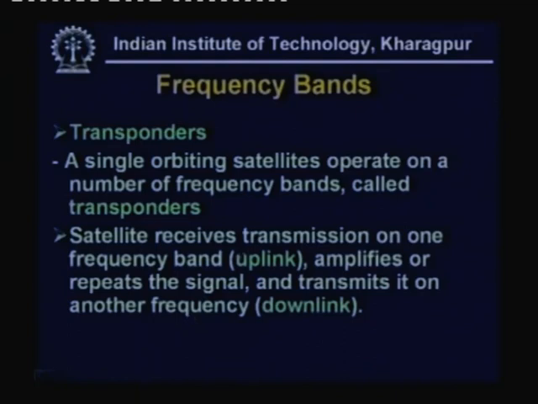Moreover, the satellite receives transmission on one frequency band, amplifies and repeats the signal, and transmits it on another frequency band. So you have got 2 frequencies. One is known as uplink frequency, another is downlink frequency. So here is your ground station, here is your satellite, and here is your other ground station. These 2 can communicate with the help of 2 frequencies, the uplink frequency and the downlink frequency. You have to use 2 separate frequencies so that there is no interference, and two-way communication is possible.